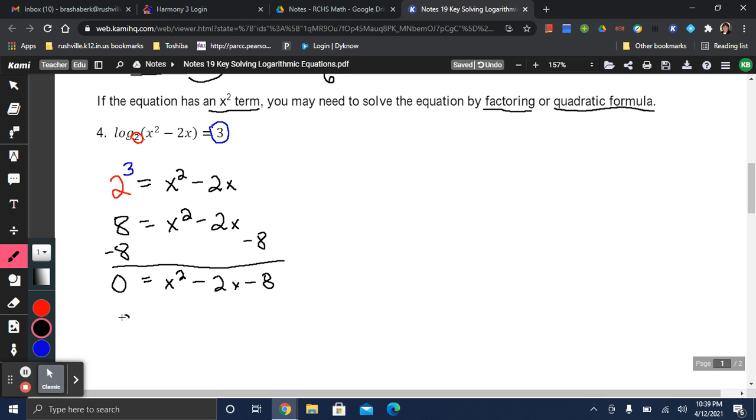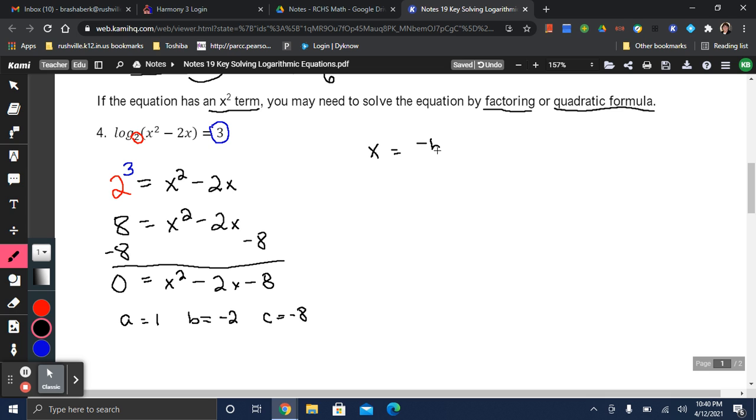So my A is 1, B is -2, C is -8. And you could do factoring, but I think many of you like to do the quadratic formula. So that's how I'll solve this, keeping in mind you could do it by factoring.